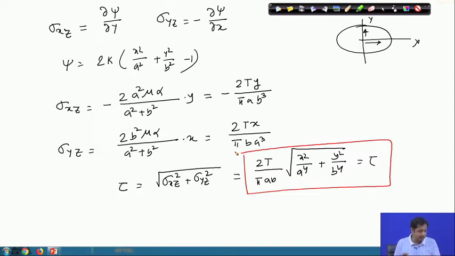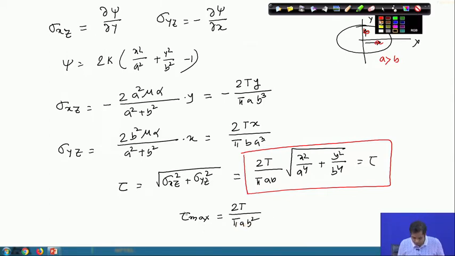Now, what is the maximum tau? We can differentiate this expression of tau with respect to the coordinate axis and find out for which value tau is maximum. If you do that, for this case, where a is the major axis and b is the minor axis, the expression for tau max is 2T by pi a b square.